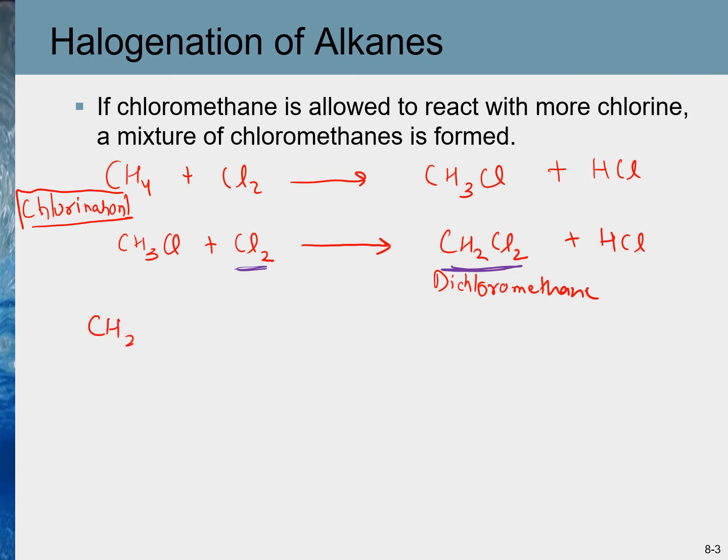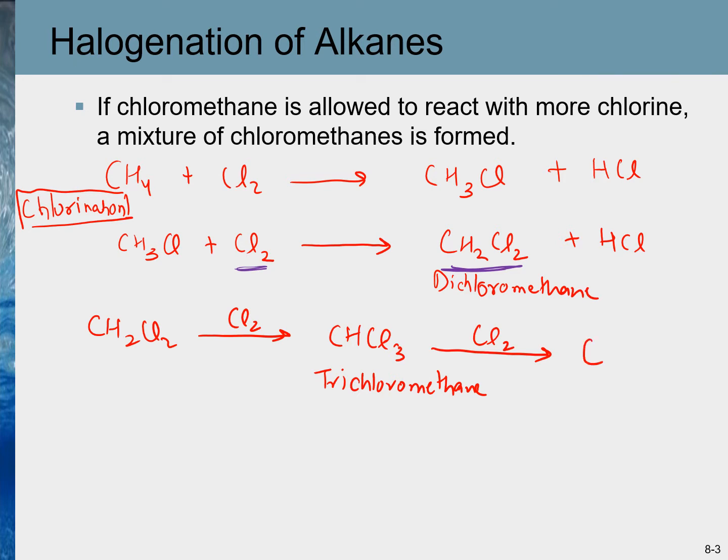So dichloromethane will react with another molecule of chlorine and our product will be a trichloromethane. Trichloromethane is also known as chloroform, and if we have more chlorine available to react, then the trichloromethane will undergo one more substitution, and we will get a tetrachloromethane.